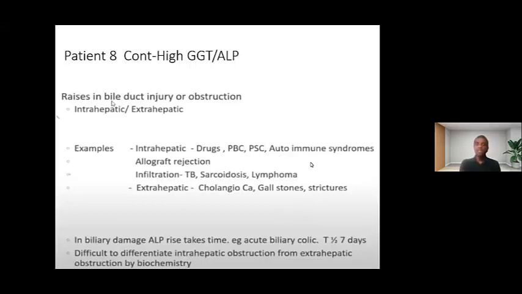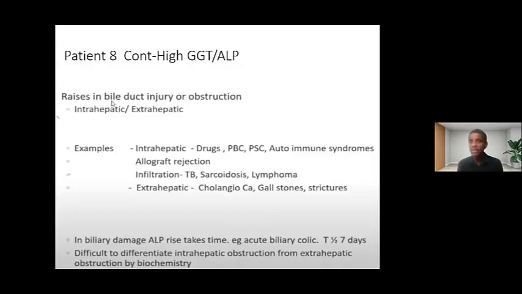Then primary sclerosing cholangitis, an autoimmune syndrome, or allograft rejection after a liver transplant, where you will again see biliary damage. Or if there's infiltration like TB, sarcoidosis or lymphoma, again you will see high levels of gamma GT and ALP. In addition, cholangiocarcinoma, gallstones and strictures, which can cause extrahepatic obstruction, also give rise to the same.